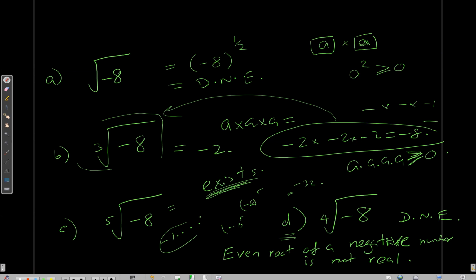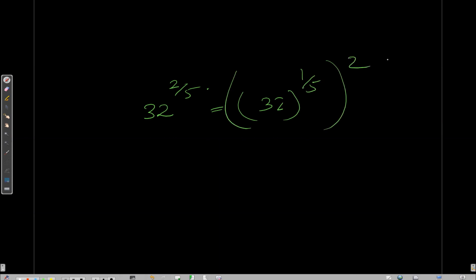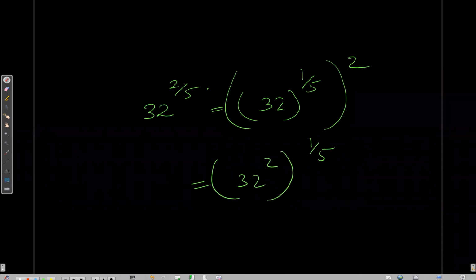How about this example? What does this mean? If I try to put a radical sign and deal with this, it means 32 to the 1/5 power, the whole thing raised to the square. In other words, 32 squared, raised to the 1/5 power. So there are different ways of writing the same thing.